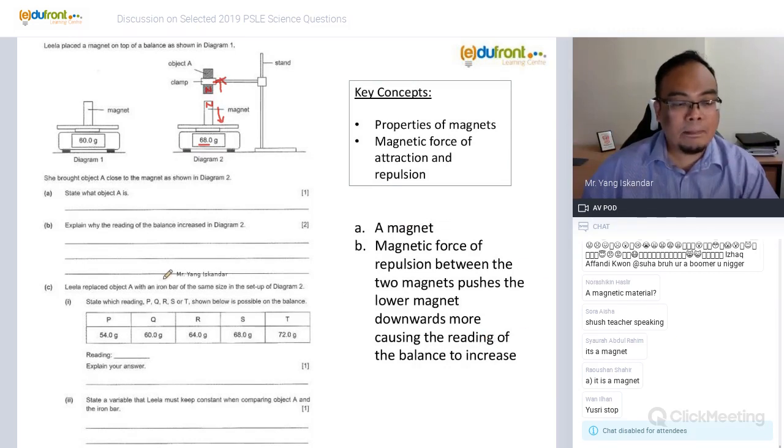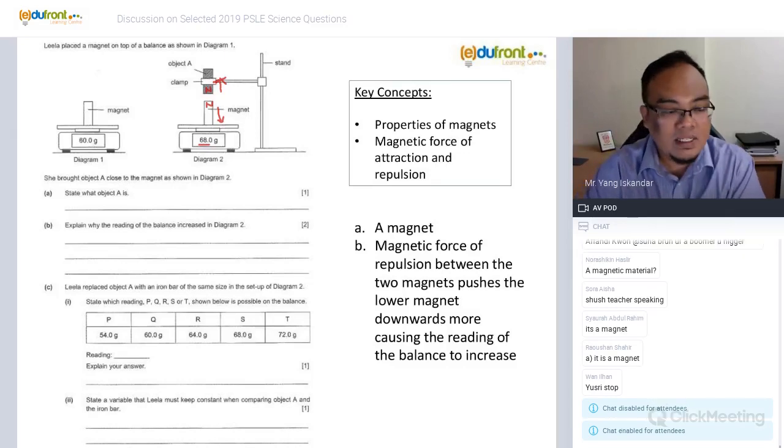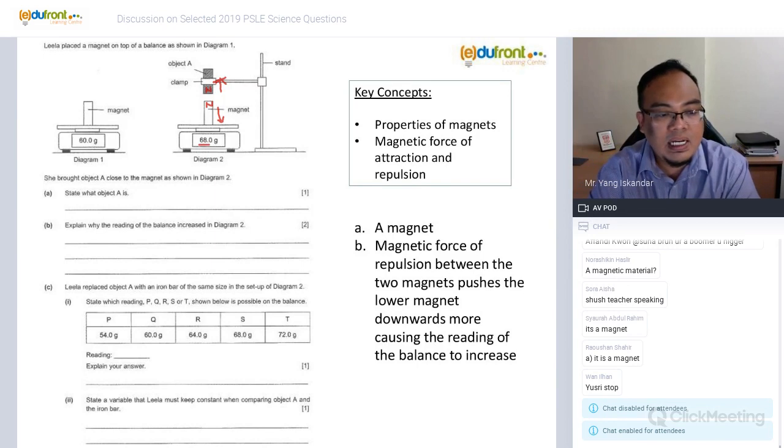Now let's take a look at part C. Now I'll turn back on the chat function. I want you to write down the answer for part C. Okay, ready? Can you write down the answer for part C? Leela replaced object A with an iron bar of the same size.